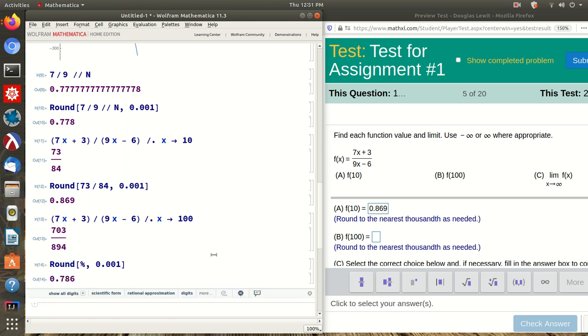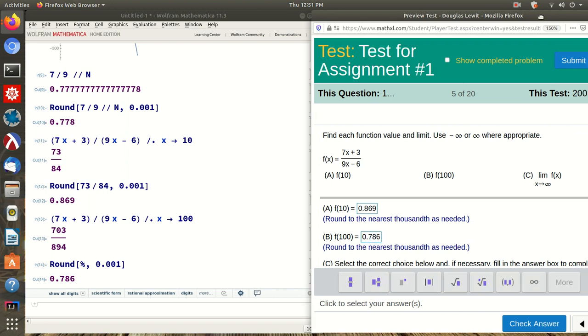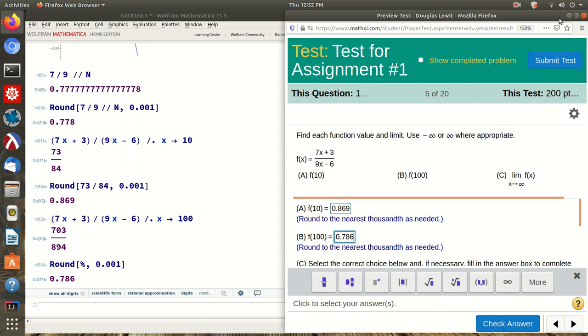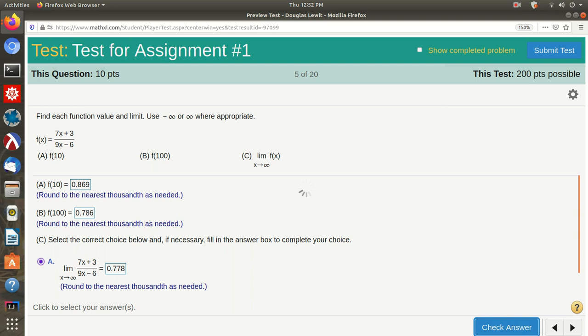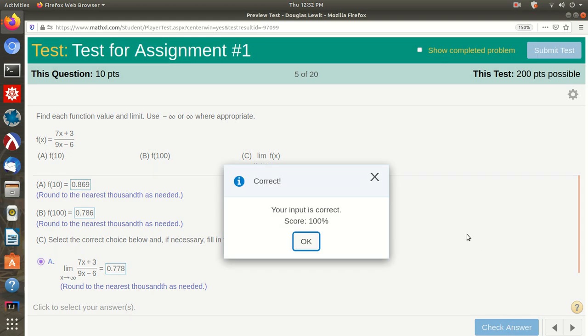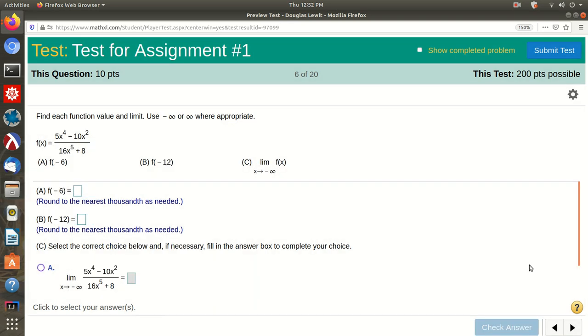Rounded to 3 decimal places, that's going to be 0.786. Your input is correct, score 100%. Let's move on to the next one.